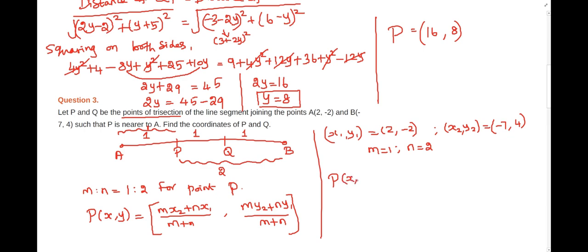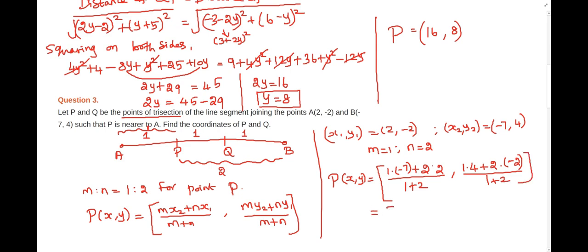Now P of x comma y is mx2, so 1 into minus 7, plus ny1, 2 into 2, by m plus n, which is 1 plus 2, and my2, m is 1 into 4, plus n, 2 into minus 2, by 1 plus 2.